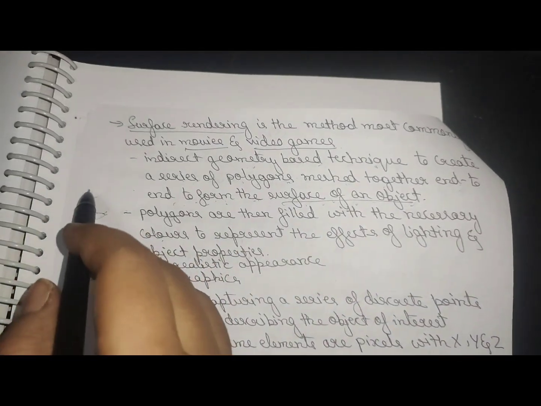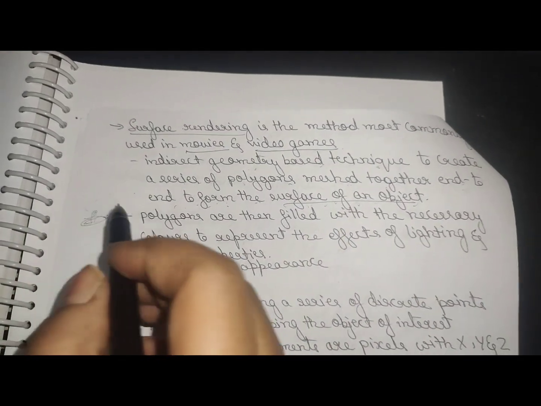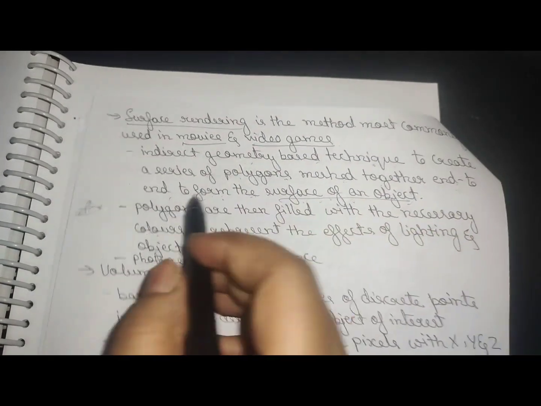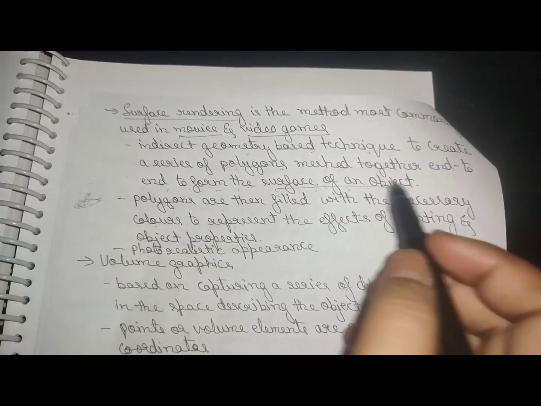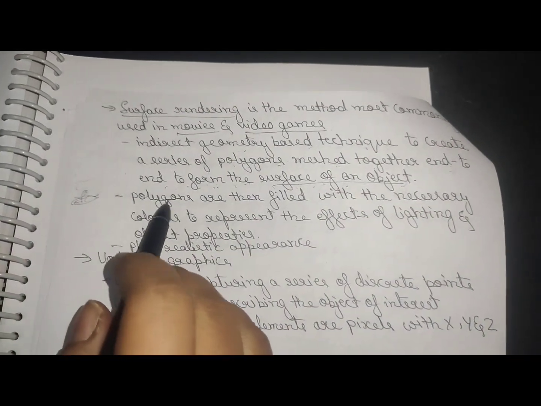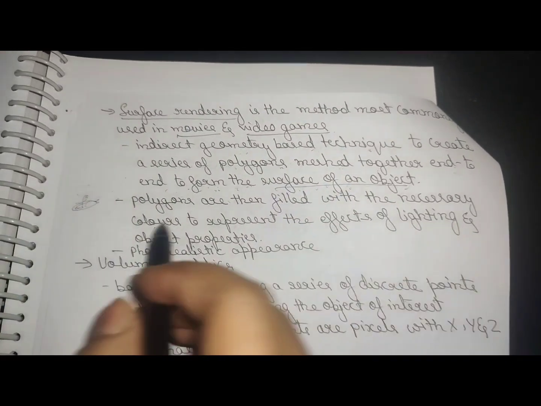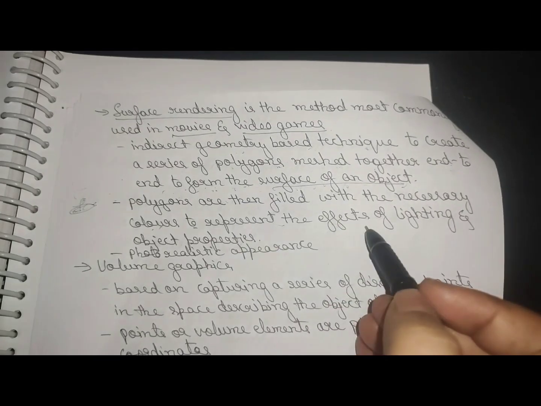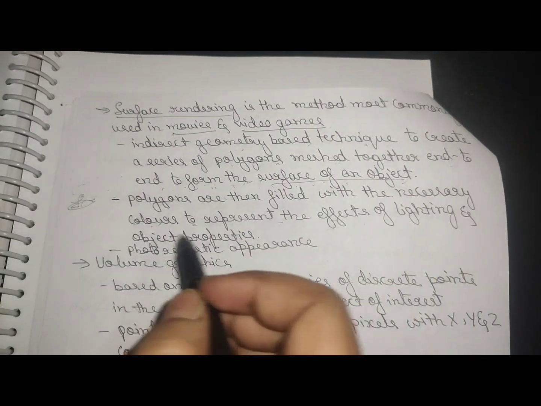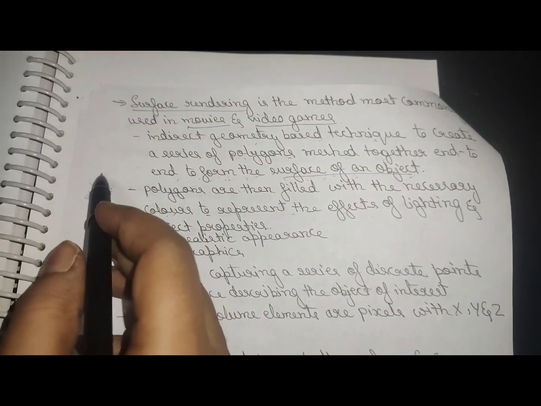The polygons are filled with the necessary colors to represent the effect of lighting and the object properties, so that the photo will be good.